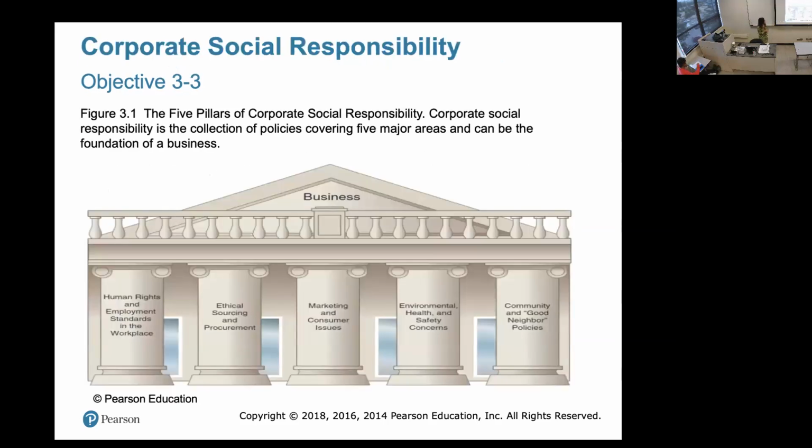Corporate social responsibility has different pillars that they look at. Human rights and employment standards in the workplace are very, very important, because companies have employees, and the larger they are, the more employees they have, and the more important it becomes that they have ethical standards in place. Ethical sourcing and procurement: where do they get the supplies from, or where do they manufacture goods?